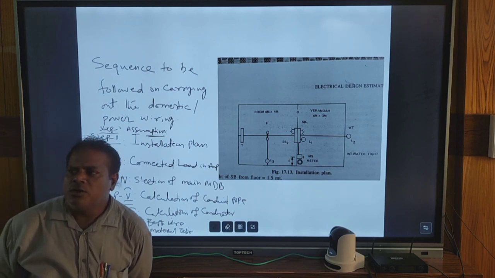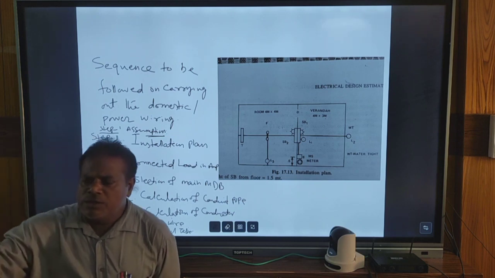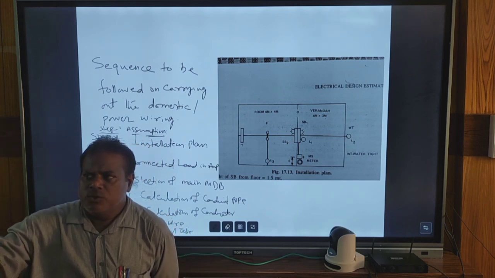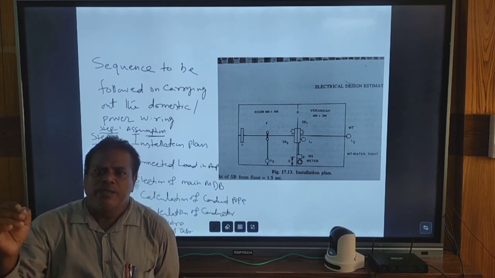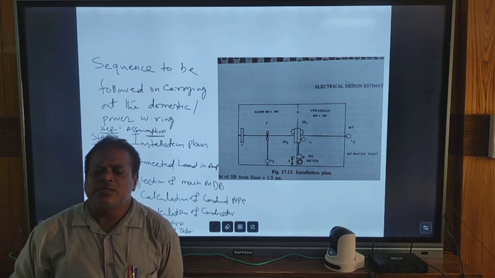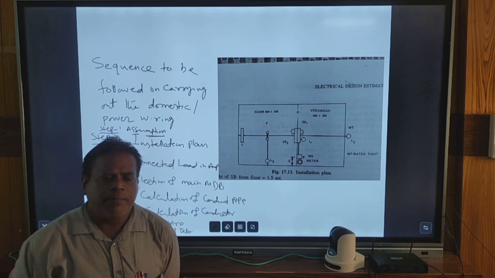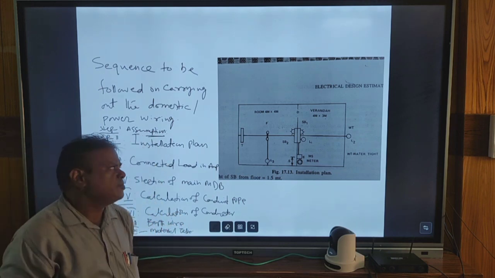Horizontal run means at a certain distance from the roof we can give the horizontal pipe connection, that is called the horizontal run. So these are the assumptions we will take, and first we have to take the assumptions, and the second step is the installation plan.